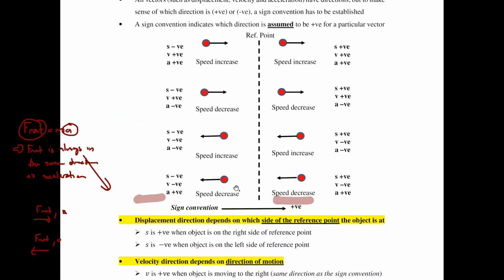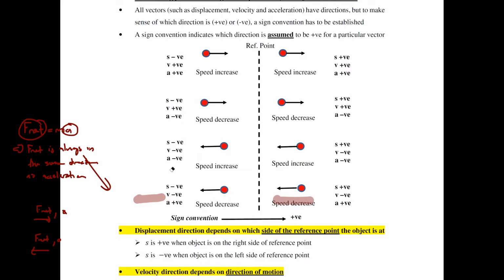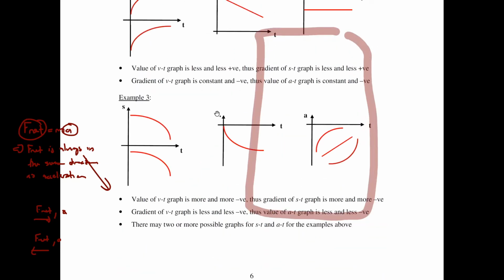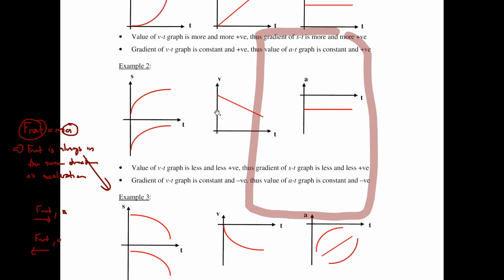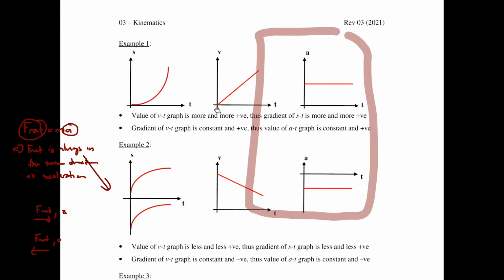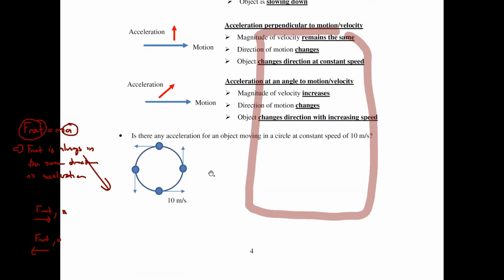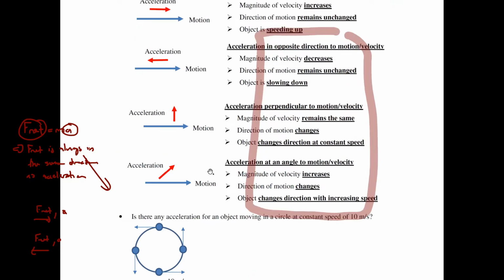How do you apply it to this case? Now, if you look at the cases on the right here, specifically this one here. Before this, I mentioned to you how to look at whether an object is going to be speeding up or slowing down by looking at the direction of the acceleration with respect to the direction of motion or velocity.